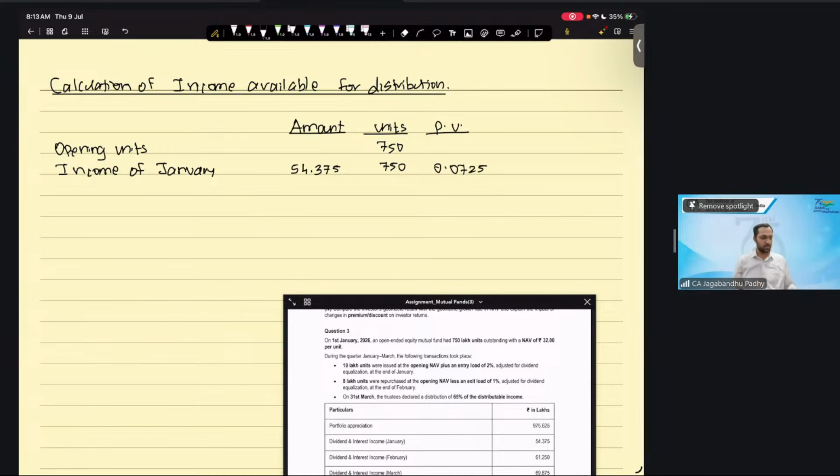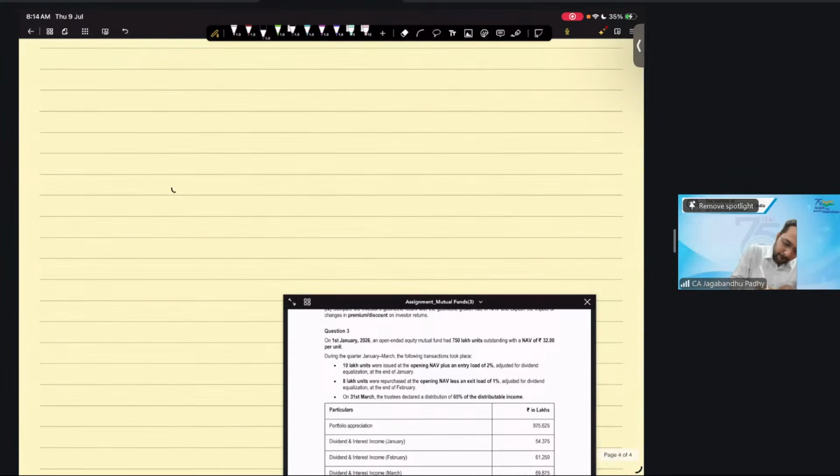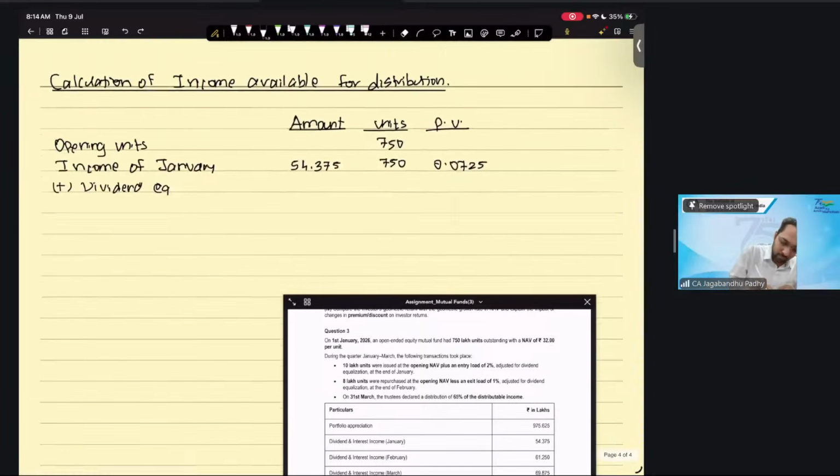This is the income which has accrued per unit of the mutual fund as far as the January income is concerned. Then, of course, to that, we are going to add dividend equalization.